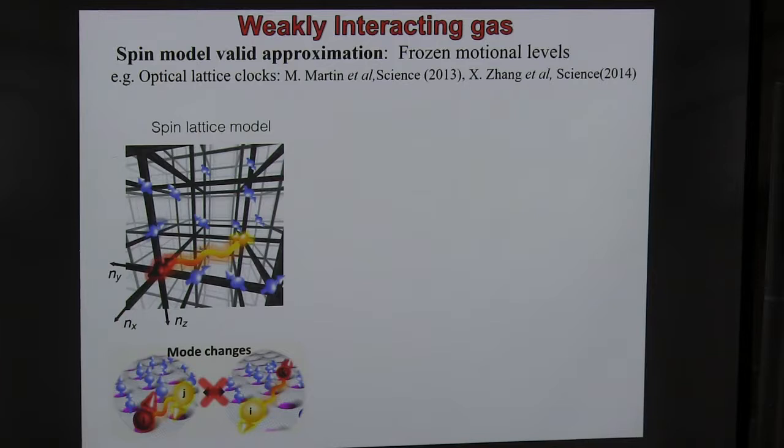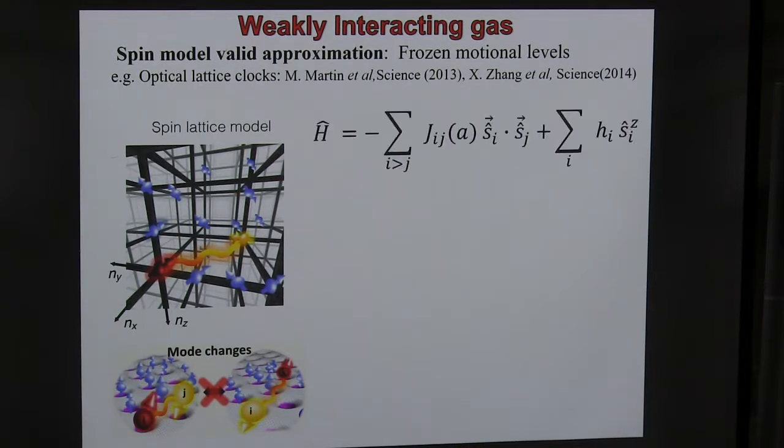Instead, you can understand the dynamics as a spin model, where we have the non-interacting term that causes the dephasing, and the interactions are just exchange interactions, Si dot Sj, with coupling constants Jij determined by the scattering length and by the overlap between the different modes. So it's going to be a spin model in this energy lattice.